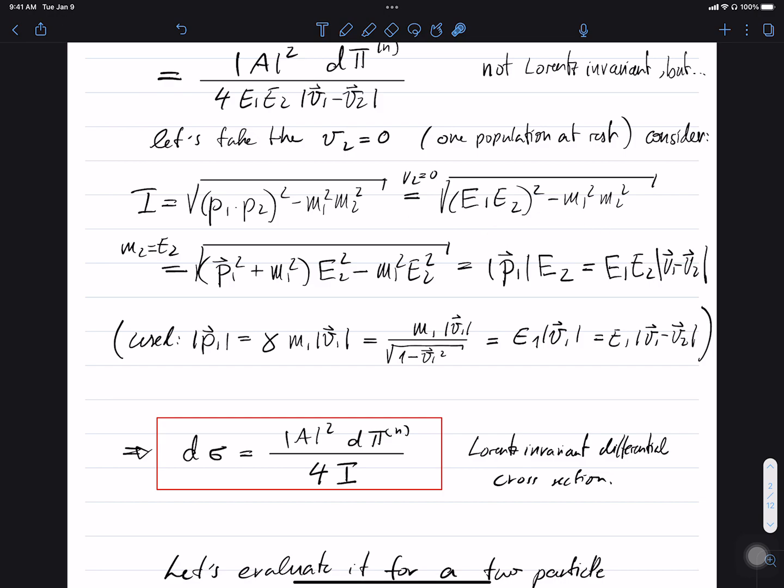So that's why we can replace M2 here by E2 and pull it out of the square root.